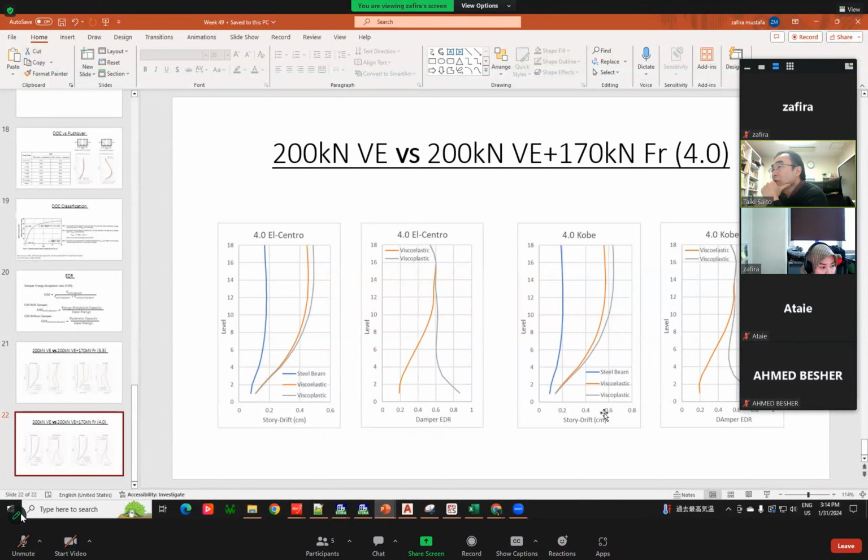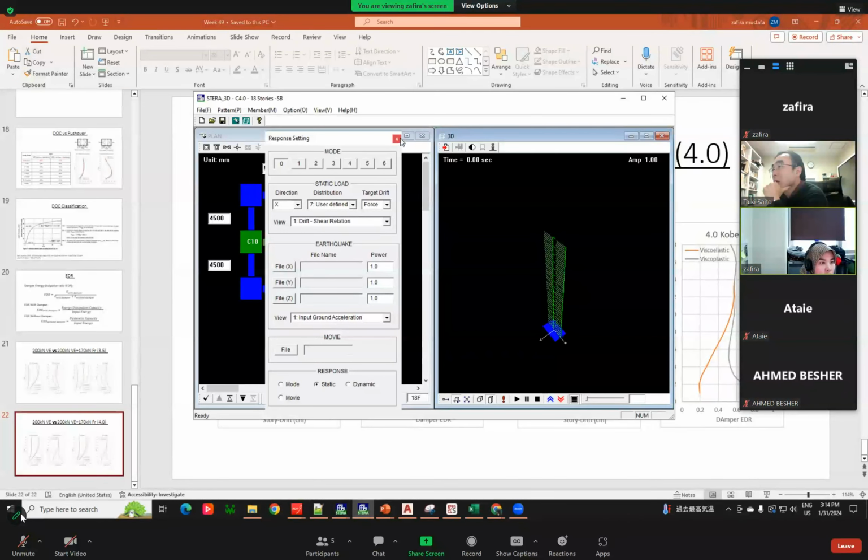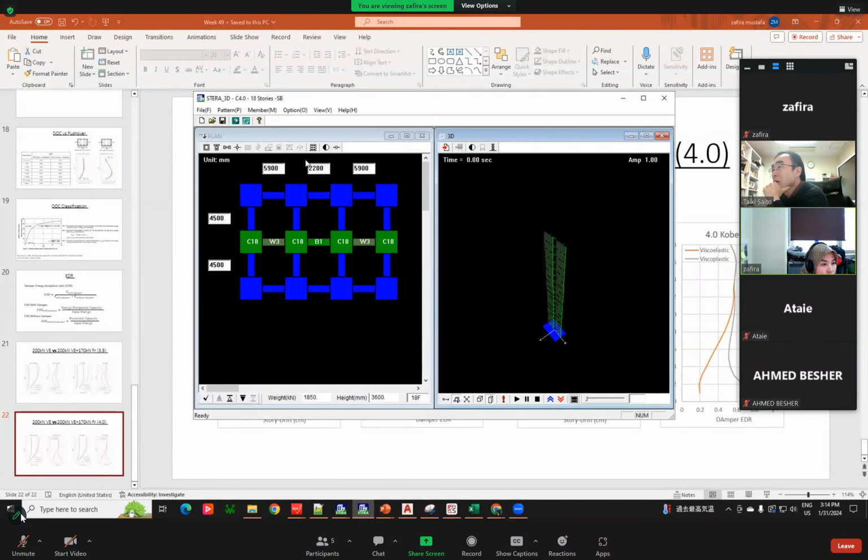Could you check hysteresis with the damper? So this one is loading.